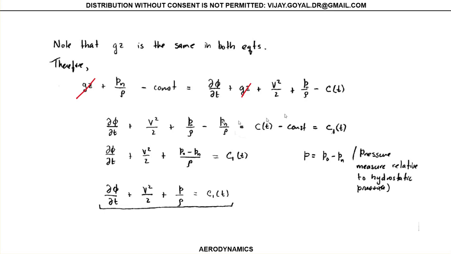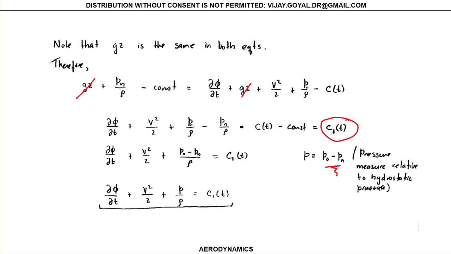I can keep all the constants on this side, and a constant minus another constant is equal to a new constant. So it's just a constant that I need to find. From here, I find this is equal to this. Note that p is equal to P minus Pn. Pn is the hydrostatic pressure, and p was the relative pressure that we measured. So this is your new equation.